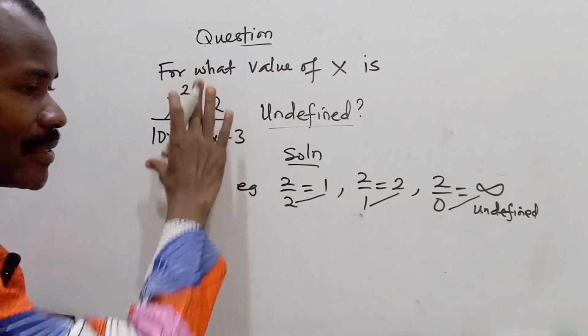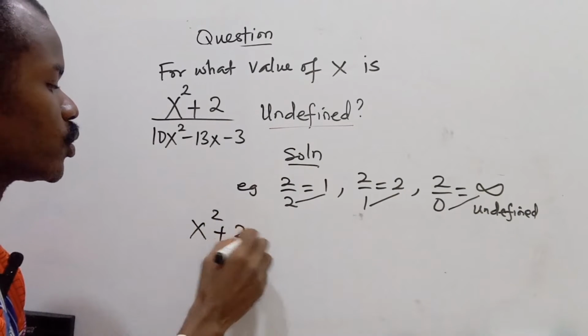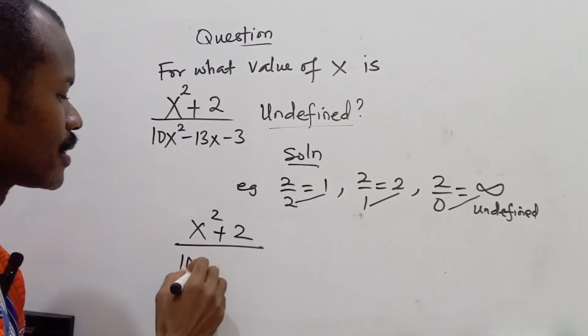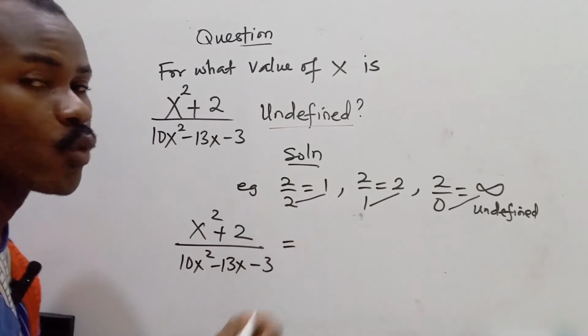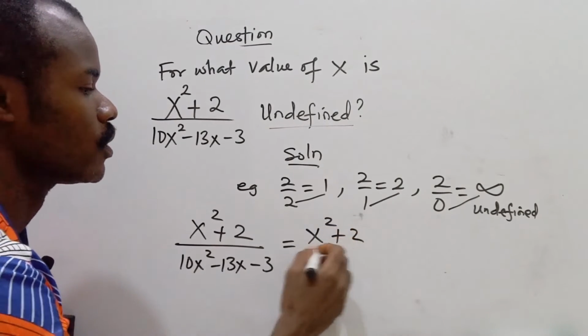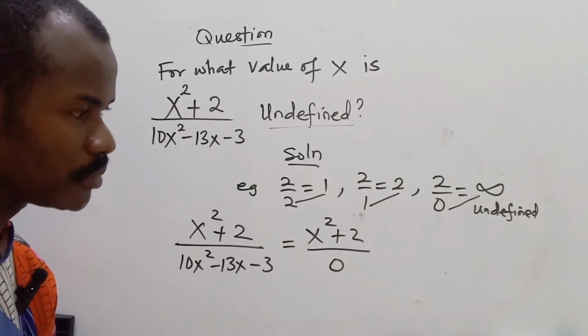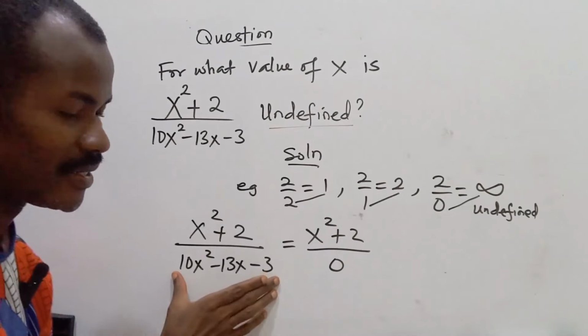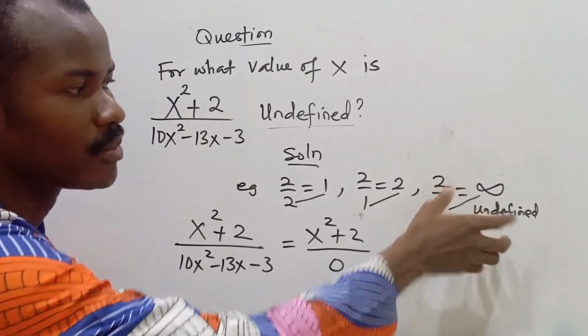So for this to be undefined means our x squared plus 2 divided by 10x squared minus 13x minus 3 should be x squared plus 2 all over 0. Because it is only when the value of the denominator is equal to 0 that it becomes undefined.